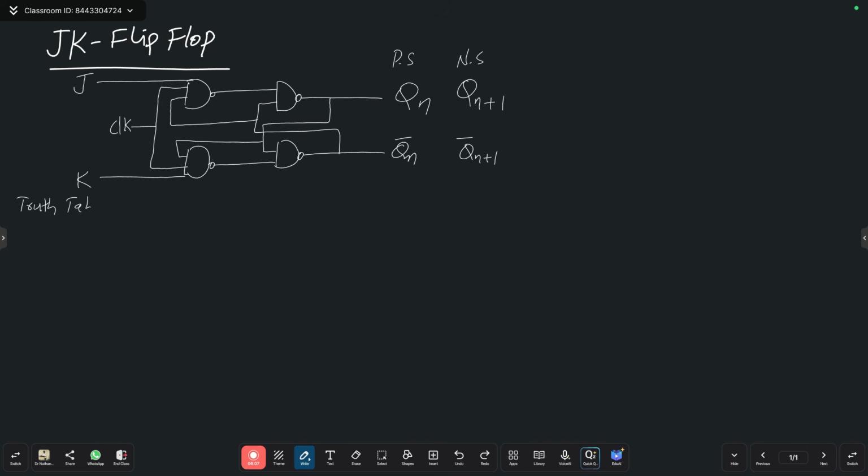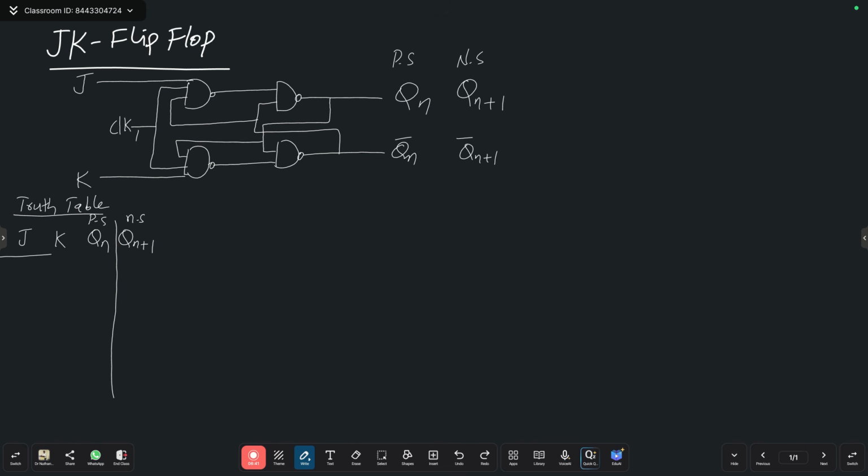Truth table. Already you know. What are the variables you need to consider? Truth table input variables. The output always depends on the current input and current state. Present input and present state. What is the present input? J, K. Clock always on. I don't want to discuss much here. J, K. Next, what is the present state? Qn is the present state. Then the next state is Qn plus 1.